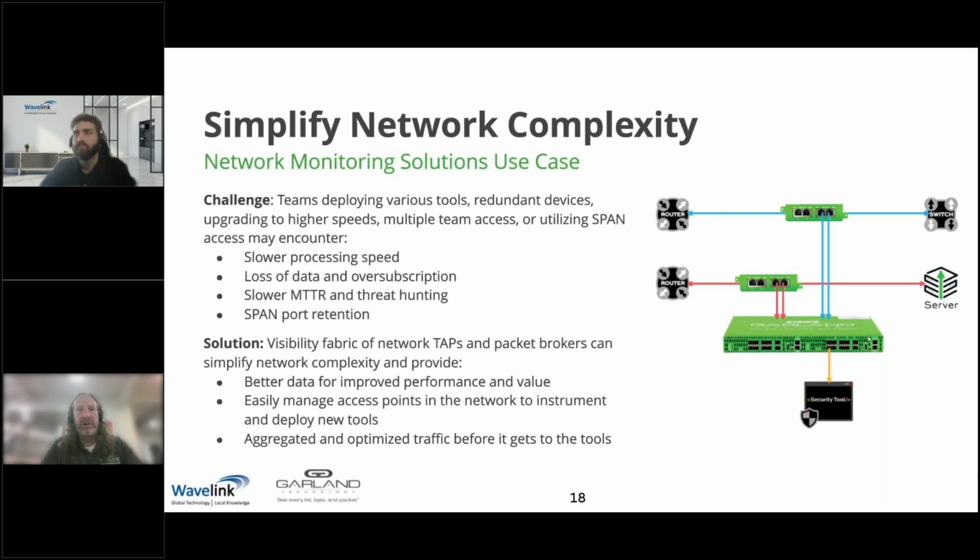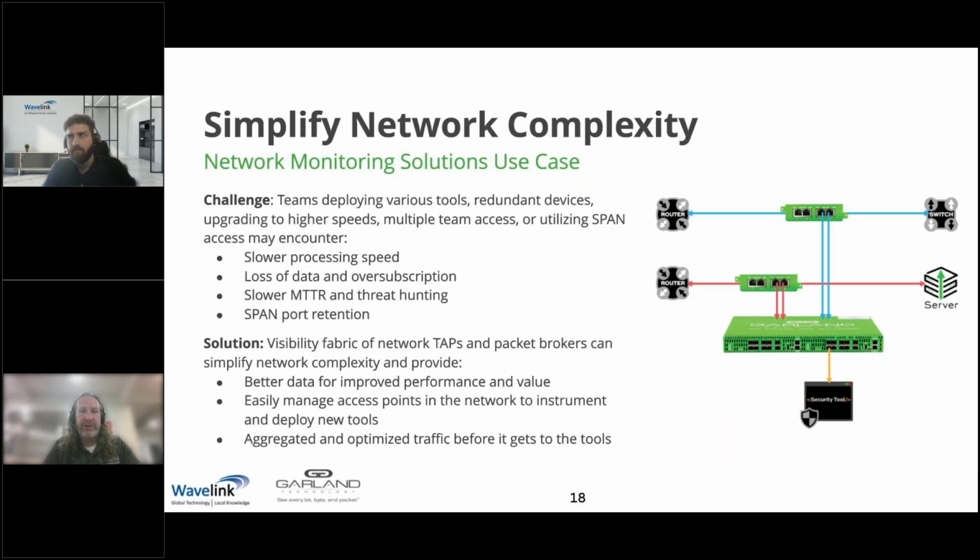So this is where we start taking a combination of traffic coming off of taps, and we can do this with span as well. So you can bring in traffic coming in from span ports and/or a combination of network taps. We can bring this into an aggregator that will combine all the traffic to one or multiple security and monitoring tools.